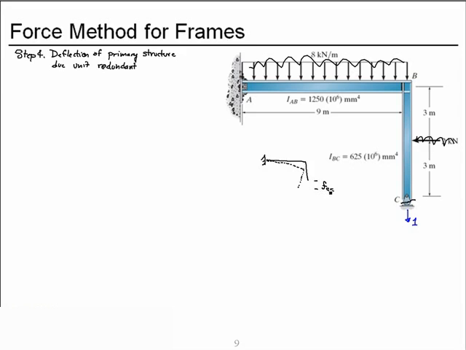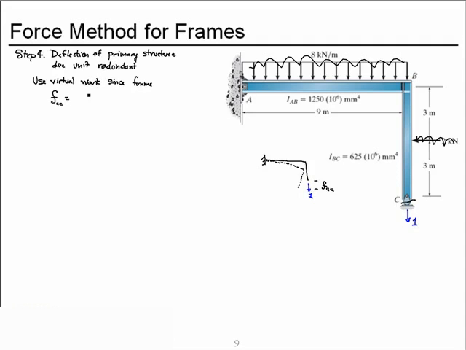It'll be the flexibility coefficient FCC. But notice that my real structure, because we're going to need to use virtual work, since it's a frame, but my real load looks just like my virtual load.